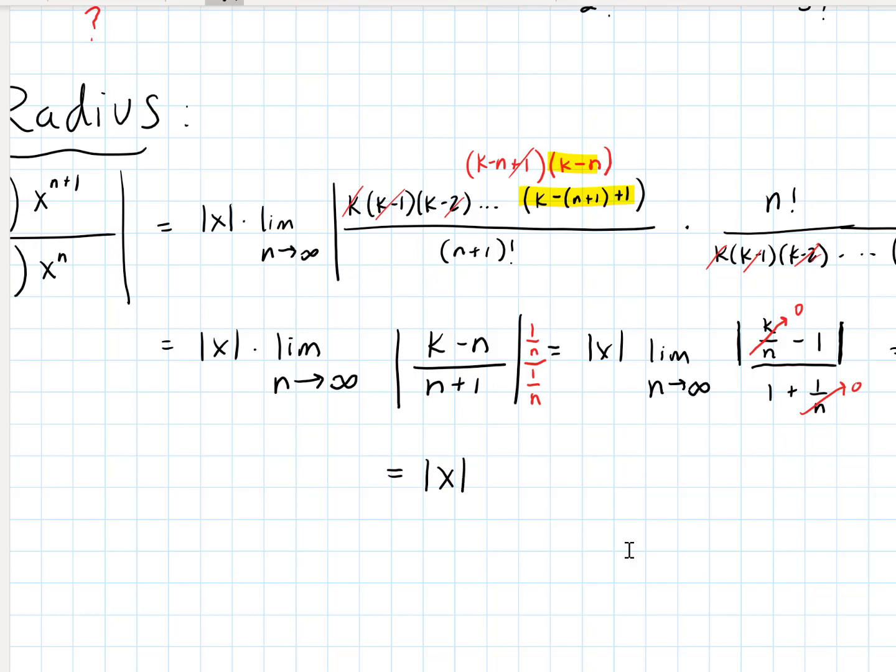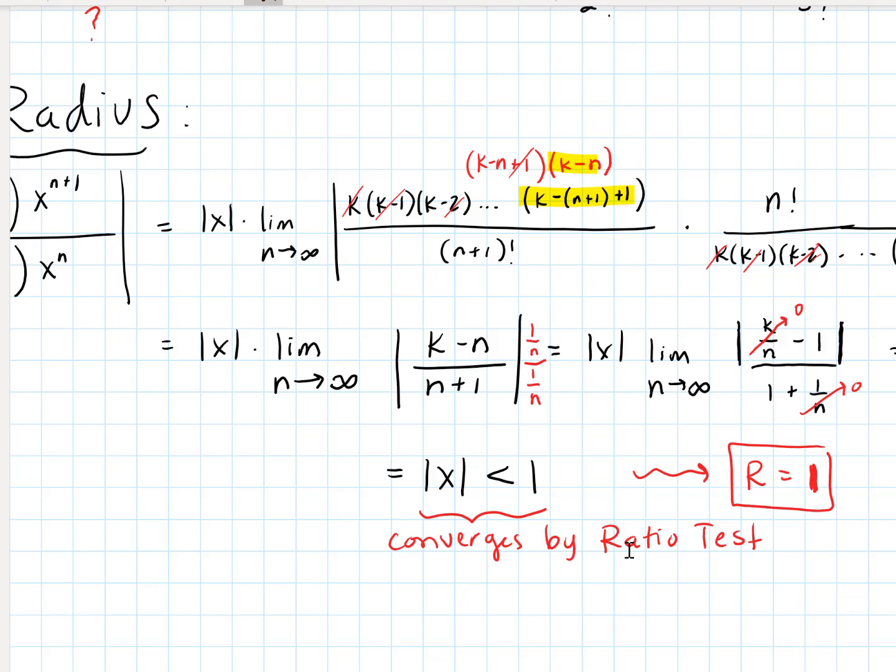So we will have convergence by the ratio test when x is in absolute value less than 1. And what that tells me is that the radius is equal to, I almost wrote infinity, but 1 is definitely not infinity. Okay, so there we go. So the radius is actually equal to 1. So the radius for this binomial series expansion is equal to 1.